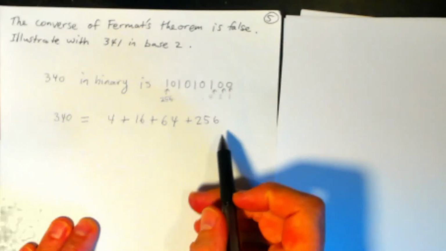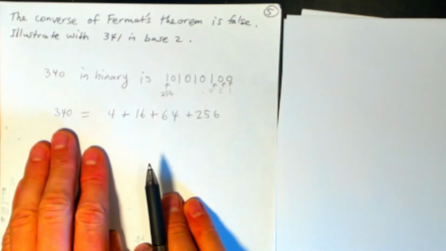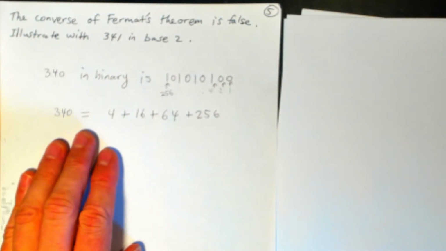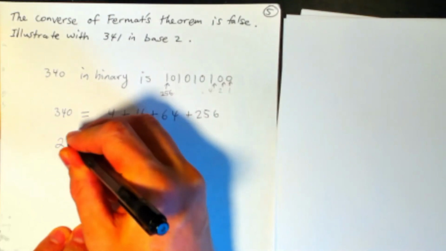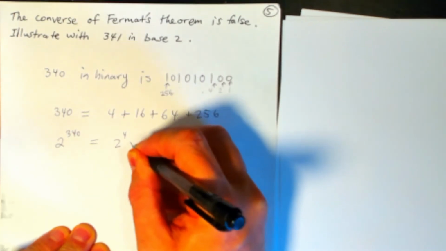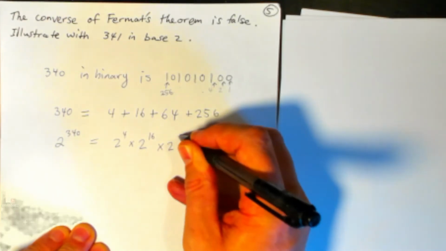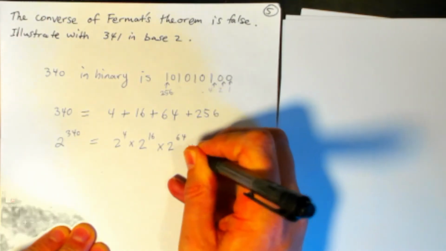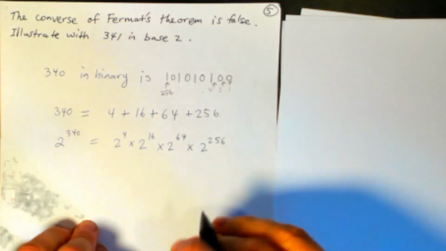Okay, and so if you add those up, you'll find you get 340. All right, so next, what this says is that 2^340 is equal to 2^4 times 2^16 times 2^64 times 2^256.